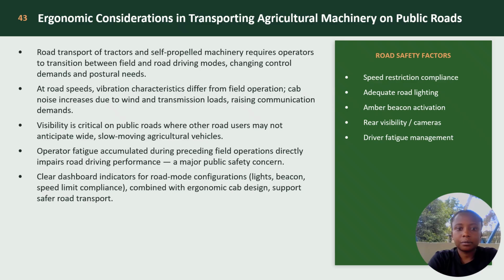Vibration characteristics differ from field operation. Cab noise increases due to wind and transmission load, raising communication demand. Visibility is critical on public roads where other road users may not anticipate slowly moving agricultural vehicles. Operator fatigue accumulated during preceding field operation directly impairs road driving performance.